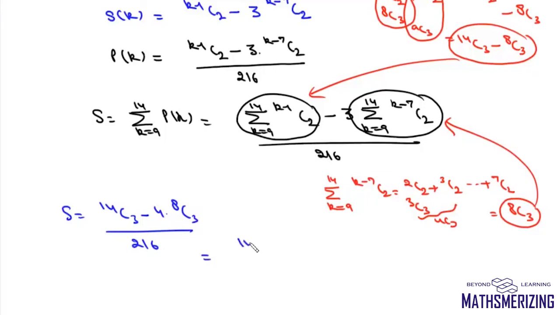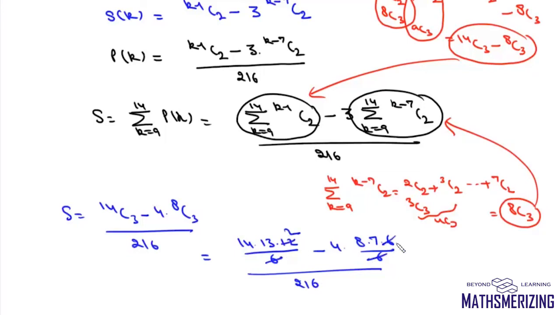Now 14 C3 is 14 into 13 into 12 over 6, minus 4 into 8, 7, 6 over 6, divided by 216. Now this is 2 and this is 6, so it will be 28 into 13 minus 8. 13 minus 8 is 5, divided by 216.